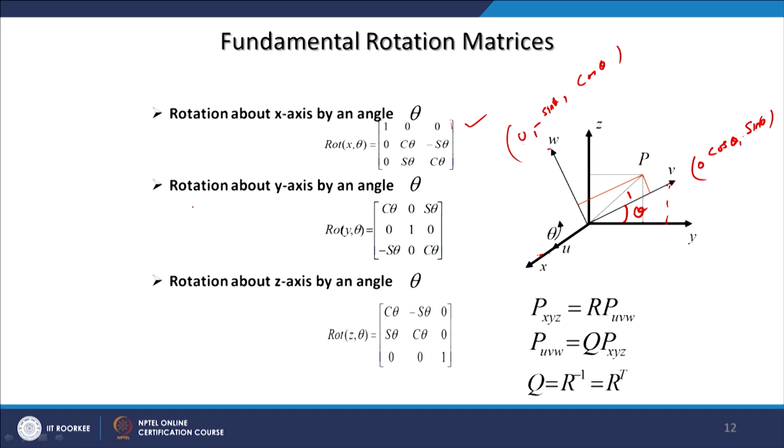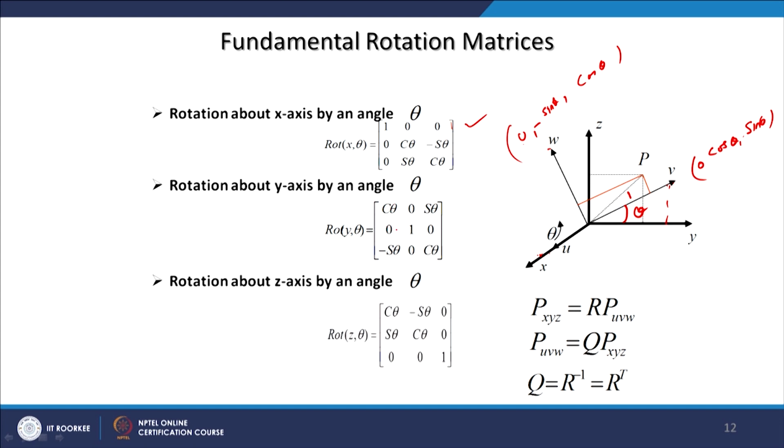Similarly, if we rotate about the y axis by an angle theta, the y axis will not change. So, the second column is as it is, 0 1 0, but the x and z axes will change their positions like this.